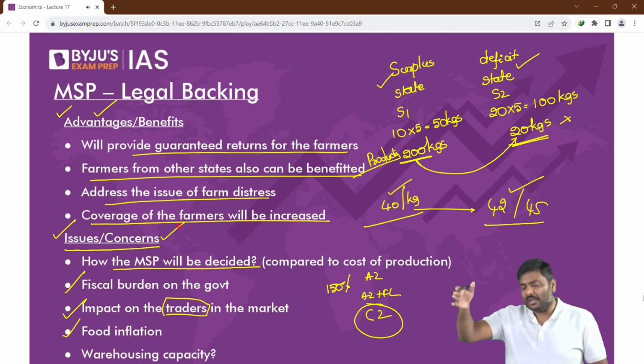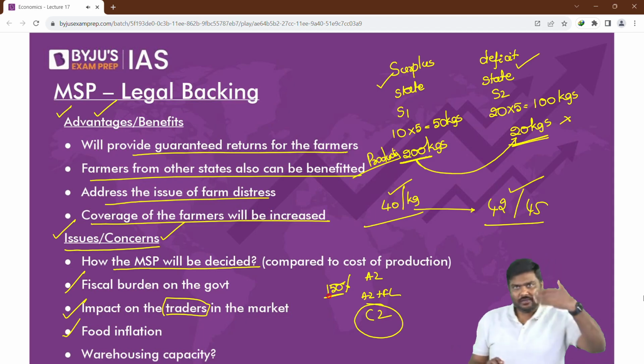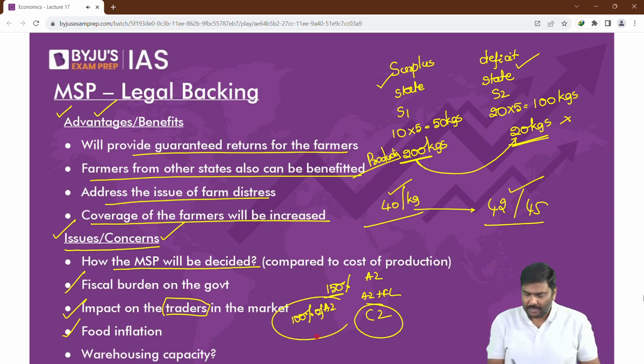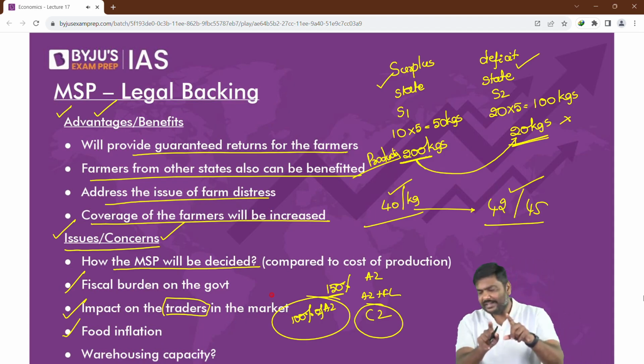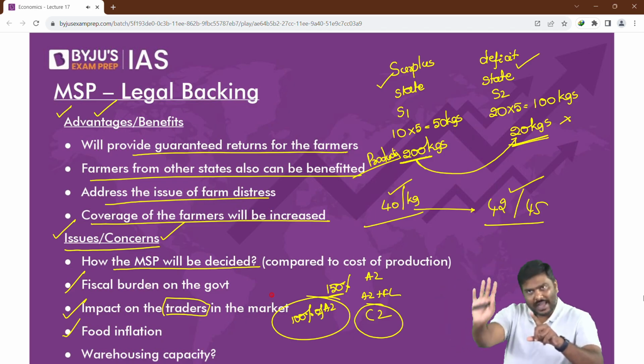So the question is, if government will provide legal backing to MSP, will they provide 150% in the first place? What if they say, okay, I will give you legally binding MSP, but I will give you 100% of A2? Tell me, will the farmers get the benefit? Government says you want a legal guarantee.